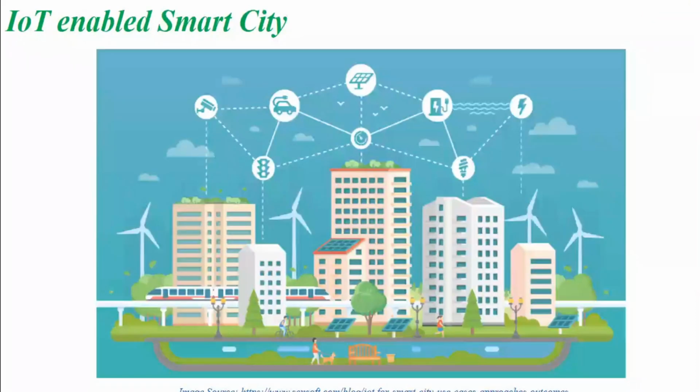There will be tracking of generation and tracking of loads. Nowadays there is a concept coming into the picture that you have to maintain your power factor level also. People have to give the information before installing their electrical appliances.